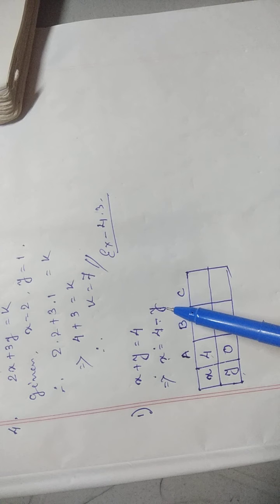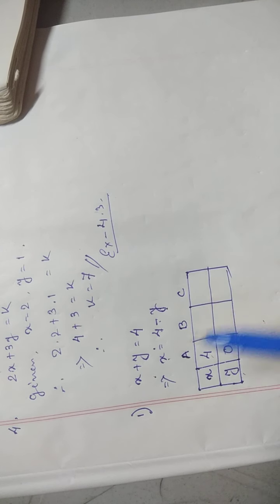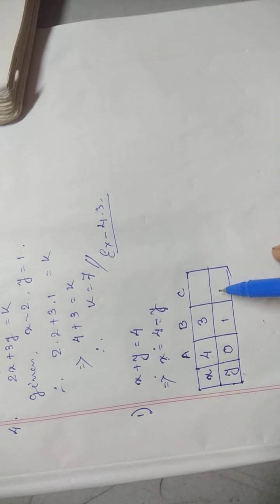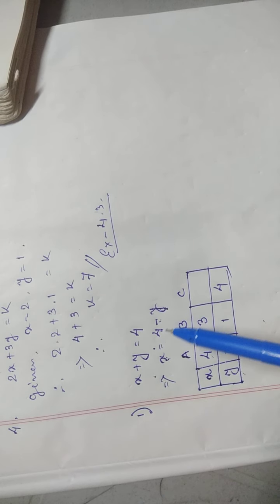If I put y equal to 1, then x is equal to 4 minus 1, that is x is equal to 3. If I put y is equal to, say, 4, x is equal to 4 minus 4, that is equal to 0.